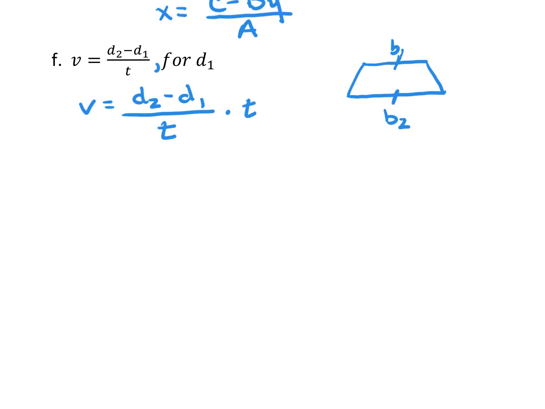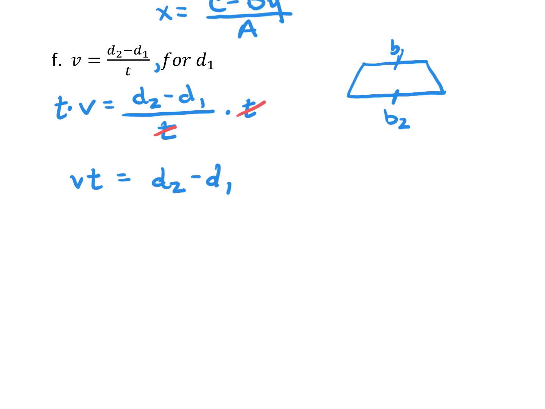And to get rid of divided by t, I want to multiply by t. It doesn't matter what order you put this in. I'm going to go Vt equals, my t's cancel, and I am left with d2 minus d1.